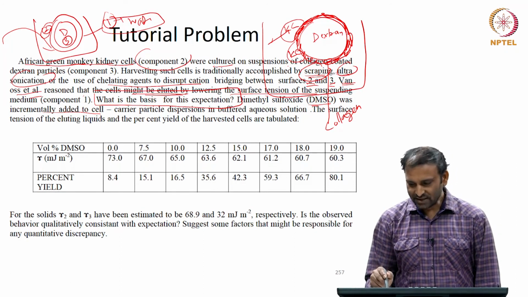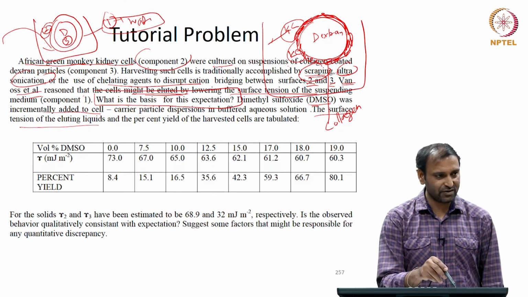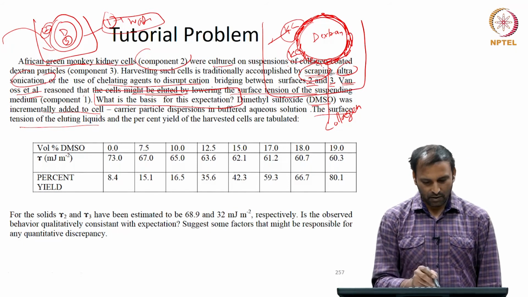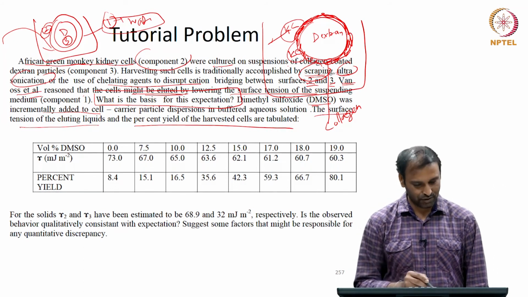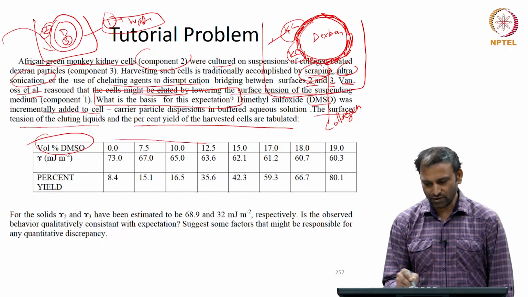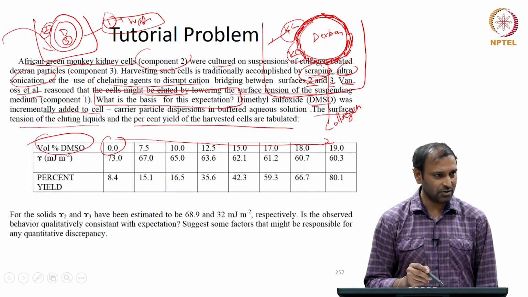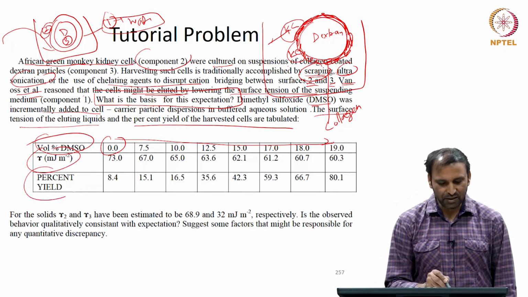And the surface tension of the eluting liquid, the fluid that elutes the particle, and the percentage yield of the harvested cells is given here. This is the volume percentage of DMSO that is added, which is of course increasing; 0 corresponds to the case wherein you have only the buffer solution in water, and that is the surface tension, and this is the percentage yield.